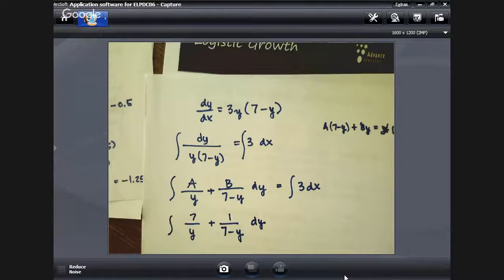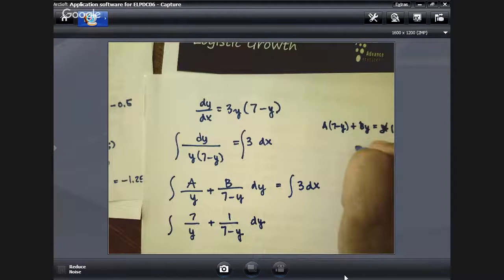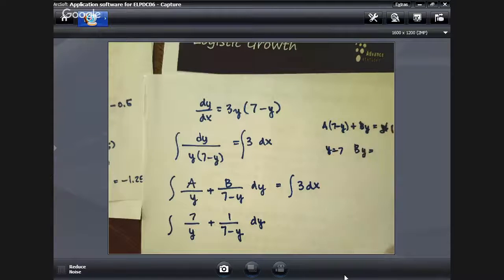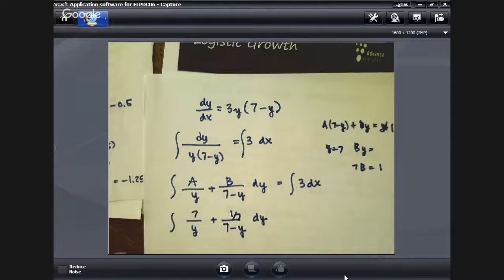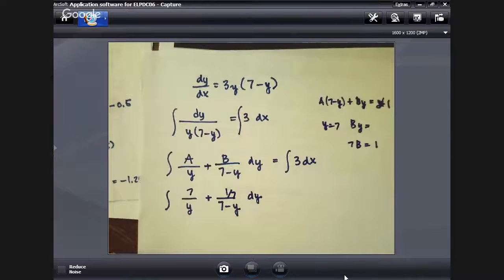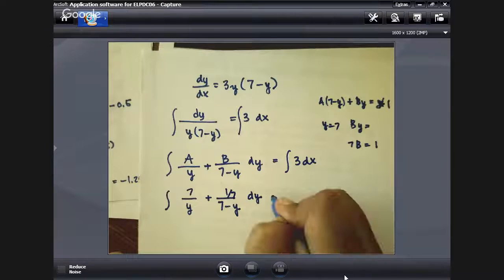If y is 0, then 7A equals 1, so A is 1/7. And if y is 7, then 7B equals 1, so B is 1/7. Kind of slow today. I don't know why I wasn't feeling that was right, but I caught myself.